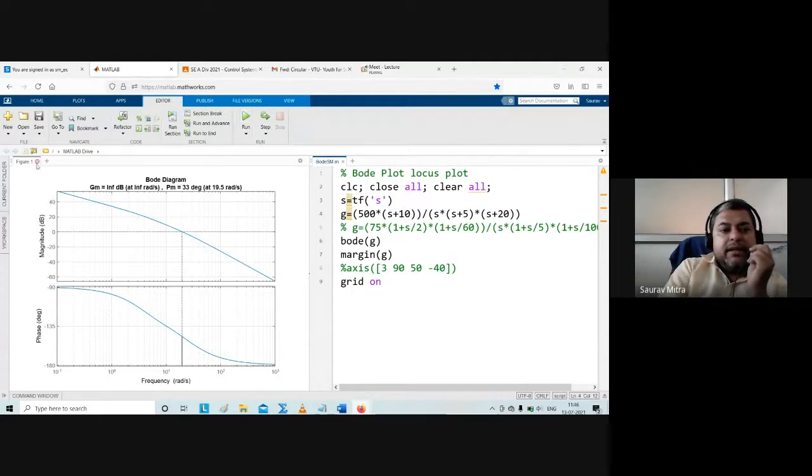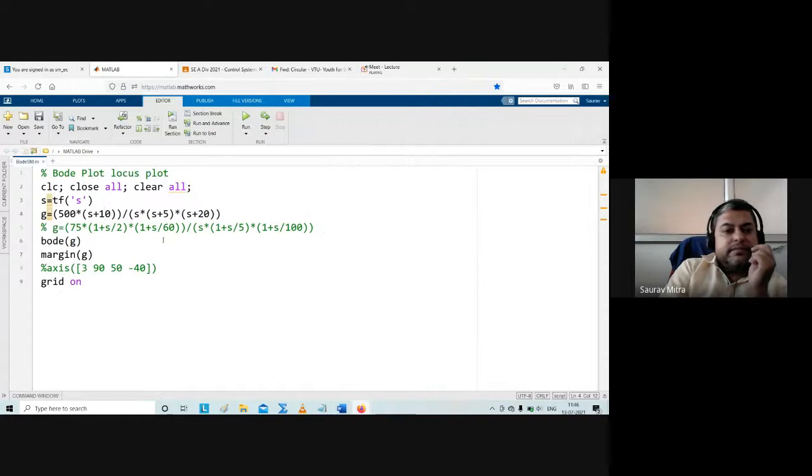Let us see a second order pole. So this is the transfer function G. I am going to show you that hump if possible. Let us see whether I can show it or not.